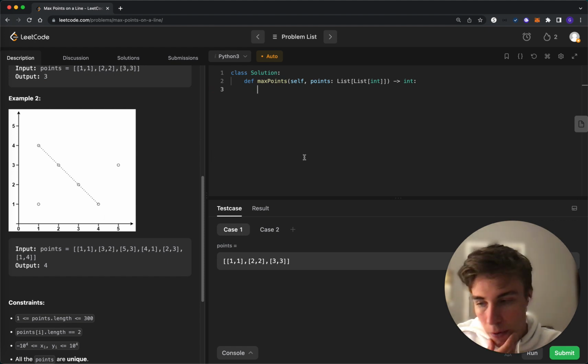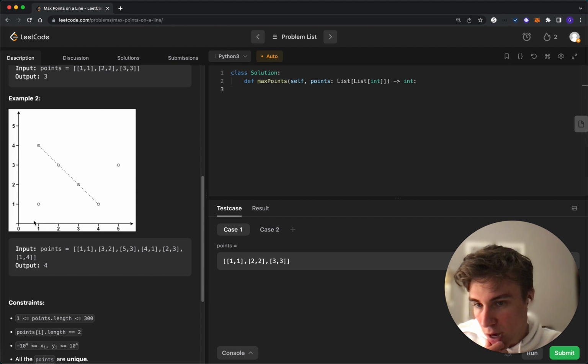But that would still require us to calculate all different pairs, so that would still be O(n squared). So I can't really save time there.